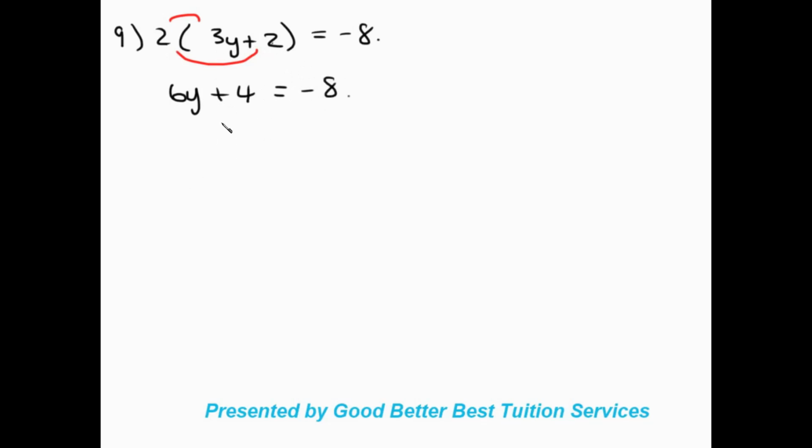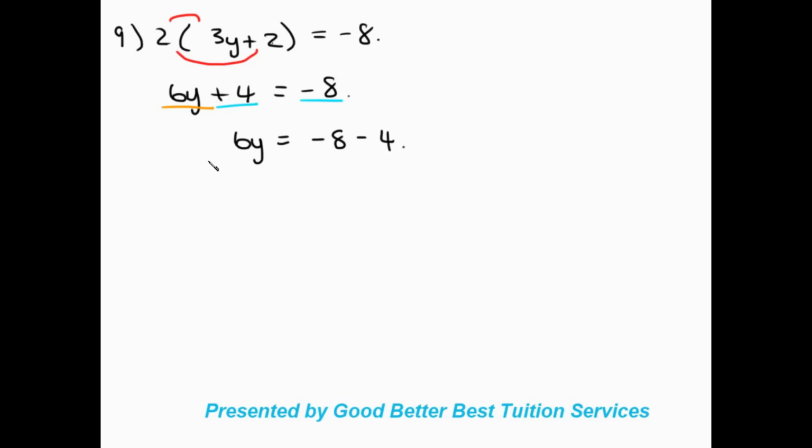So what's going to happen is we're going to look at our like terms again. We have 6y with the variable, and then we have positive 4 as a constant and negative 8 as a constant. So we're going to be left with 6y on this side, and we're going to have negative 8. The positive 4 is going to come over, we're going to get negative 4.